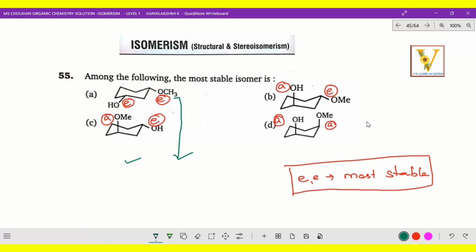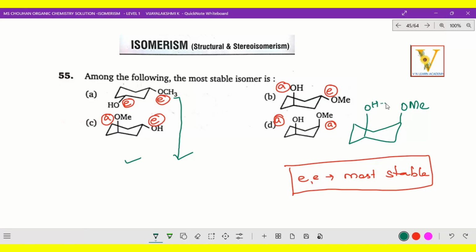you see option D, just check it. Option D, what is it here? In this one, it is OH, and the second one, this side upwards, so this is also OH.